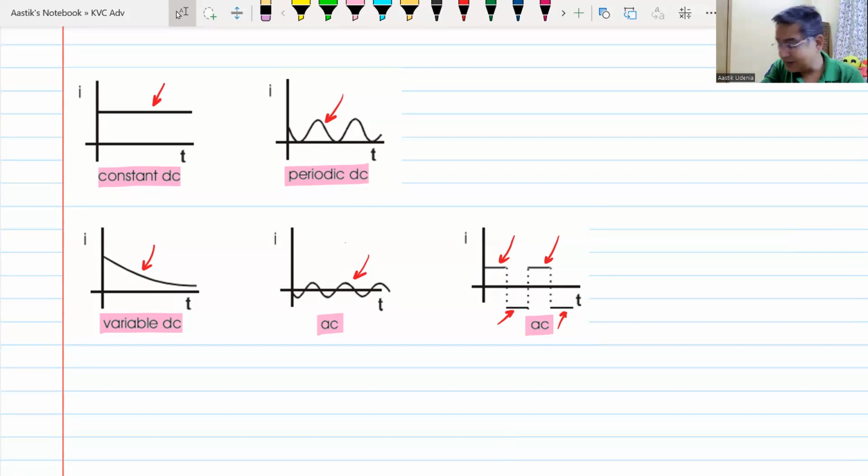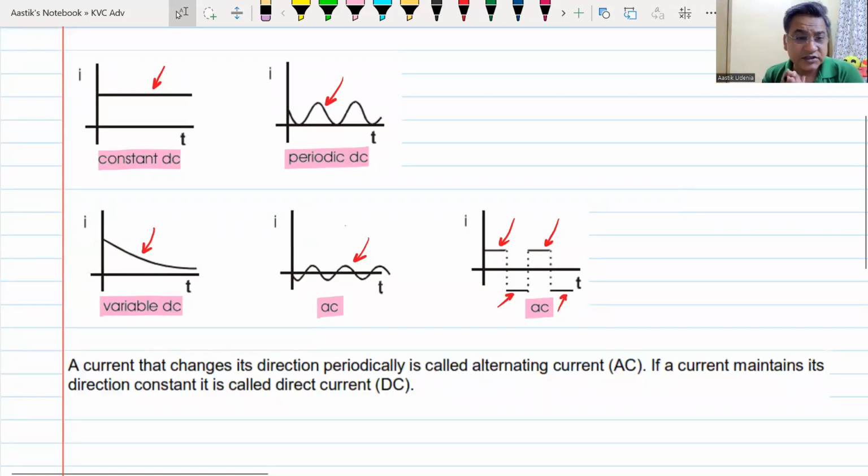So the thing that determines whether a current is alternating or direct is its direction. Direction is the term that tells us whether a current is AC or DC: a current that changes its direction periodically. Sometimes it is in this direction, after some time it is in the other direction, then after some time it is in the same direction again.